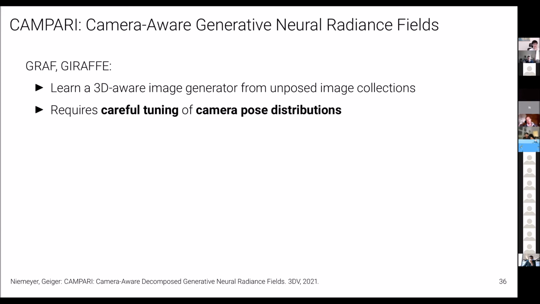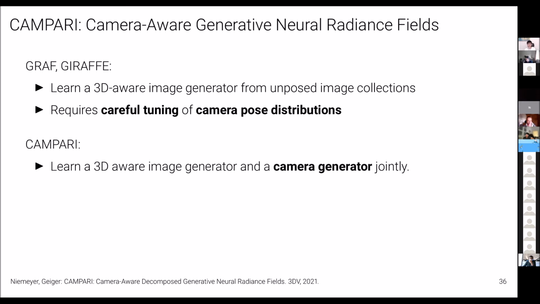So given the data set, you first looked at the data set and then you were trying to figure out what is a reasonable distance of the camera and focal length, and what is a reasonable elevation angle of the camera, and then you picked some distributions that capture that precisely, because if you don't do that, the generation will just break. It will not learn anything meaningful anymore.